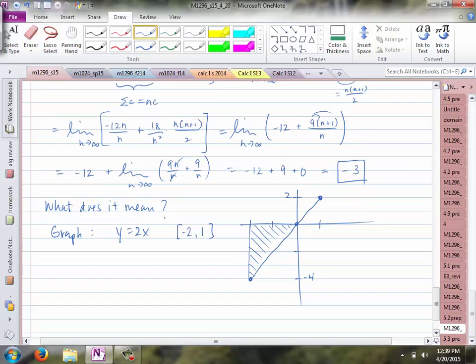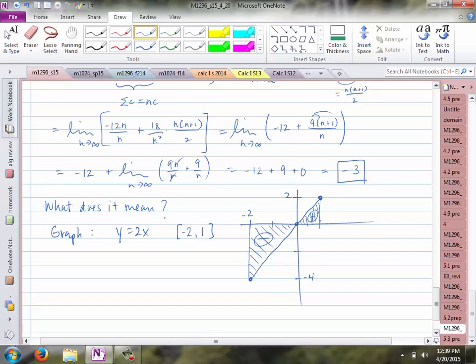Since the curve is less than 0 from negative 2 to 0, that's the area there, plus the positive area from 0 to 1. Looking at the picture, does negative 3 seem like it could be a reasonable answer? Yeah, because the net area of this thing is negative. So at least we can appreciate that a bit.